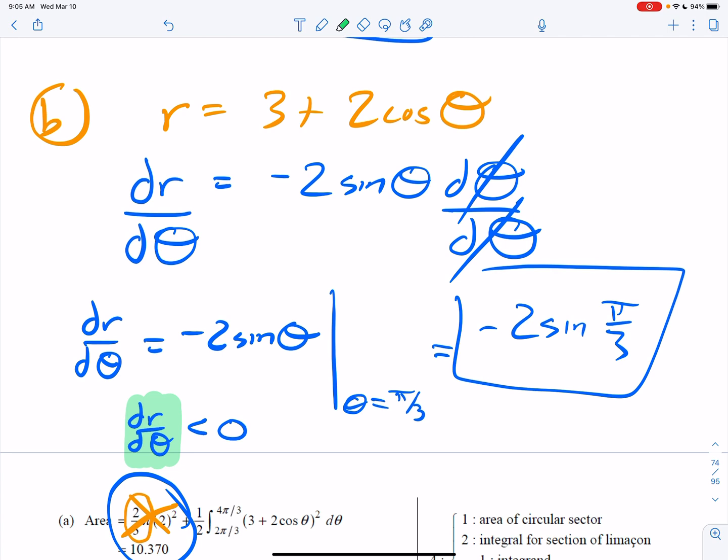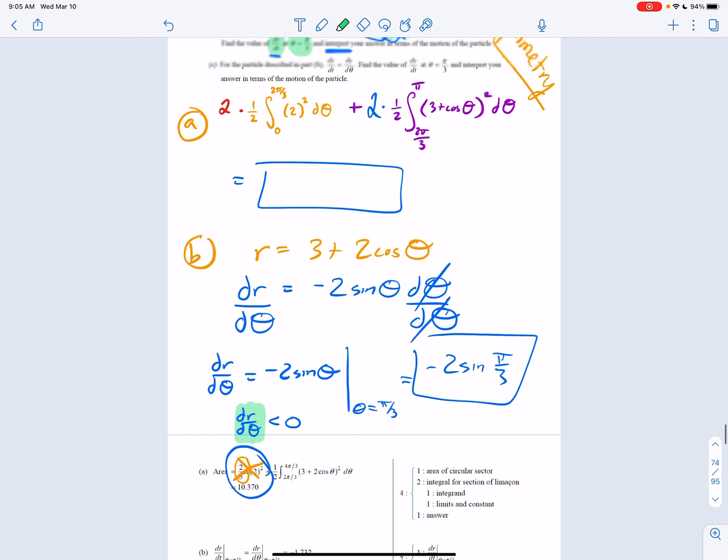So we're talking about the radius or the pole here. So if dr/dθ is less than 0 and r, if we were to evaluate at π/3, I could tell right there that r definitely comes out to something positive. I don't know exactly what, but I know it's positive.